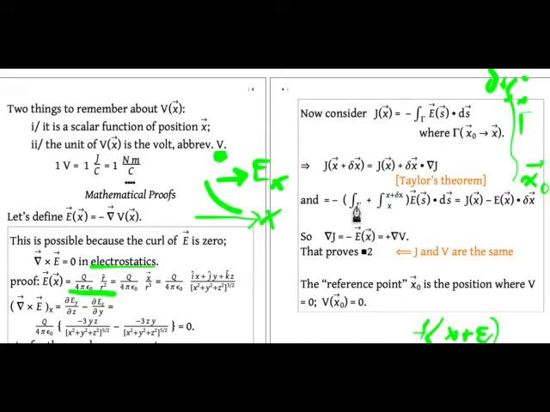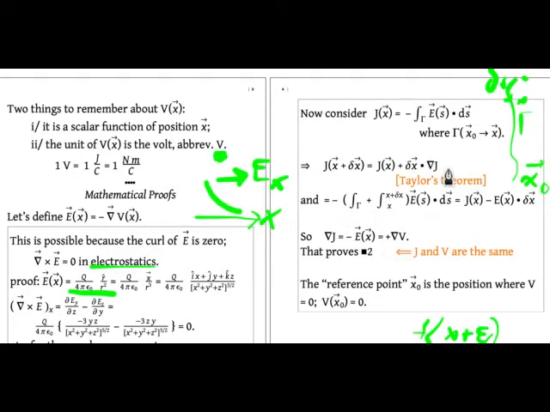So I have minus the integral over gamma plus the integral from x to x plus dx, of the tangential component of E. Now, of course, this curve gives me j of x. And this curve, because delta x is infinitesimal, just gives me E times delta x. You know, the length of this curve is delta x. I'm integrating the tangential component of E along that length. Well, since delta x is very small, that'll just be the tangential component of E times the length, delta x. So that's E dot delta x times minus 1.